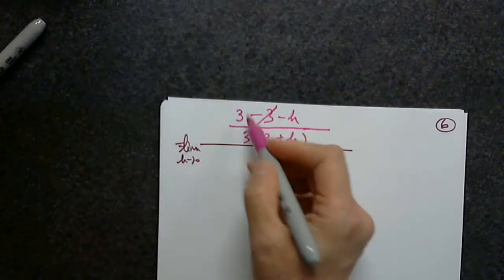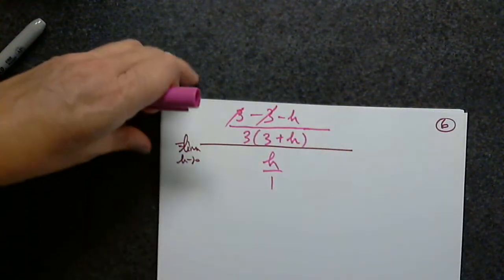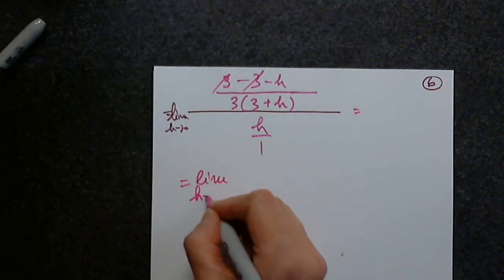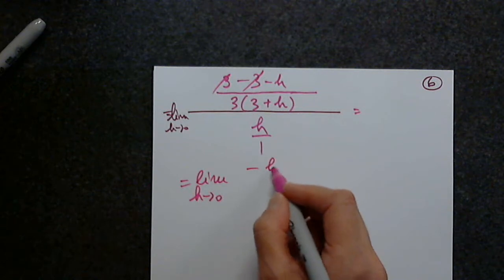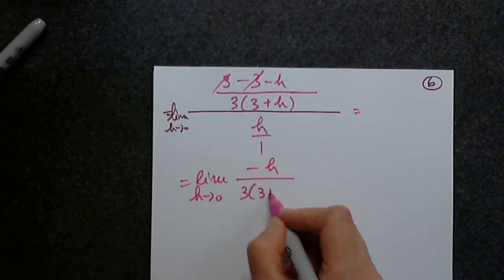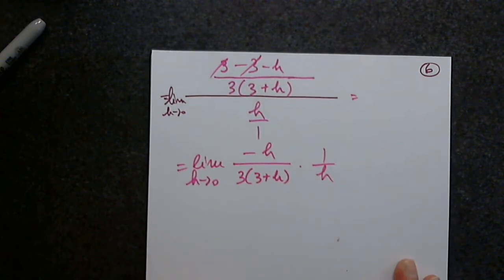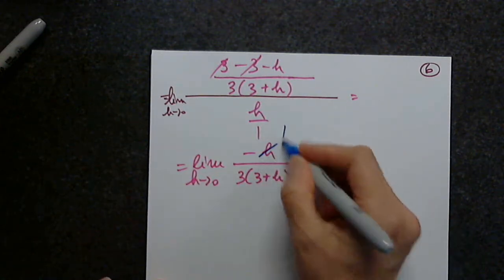So of course that's true. I copy the top, which is negative h over 3 plus h, times 1 over h. This is what I was expecting you to do today on that little quiz. So now I simplify the h.